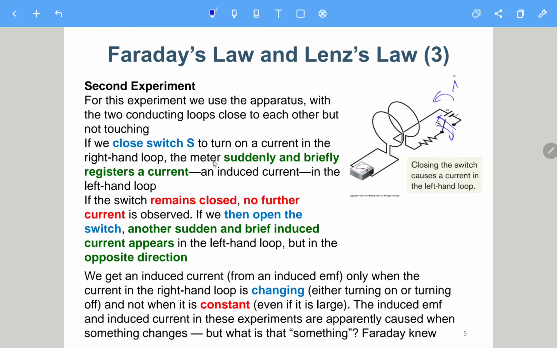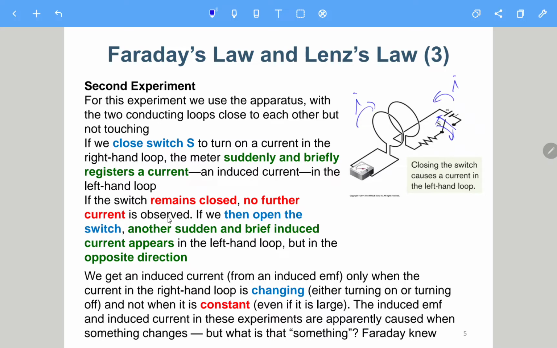Okay, so it says when the switch is closed, the meter suddenly and briefly registers a current. Somehow like when we put a magnet bar close to the left part, then there will be current going like this. If the switch remains closed, no further current is observed.